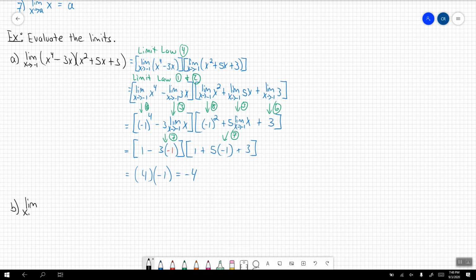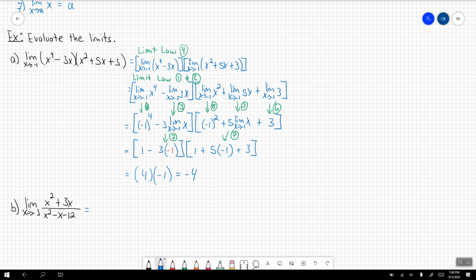Part B. Let's go with the limit as x approaches negative 3 of (x squared plus 3x) divided by (x squared minus x minus 12). We're going to go through once again and perform the same steps.